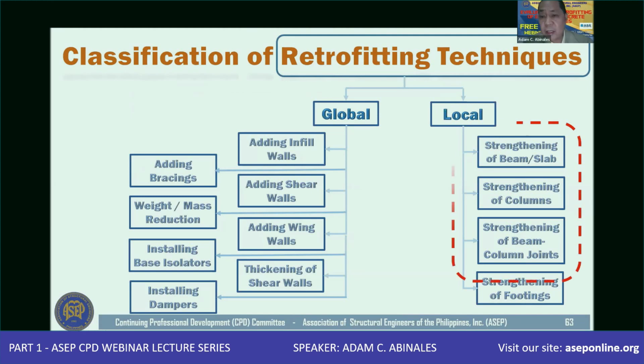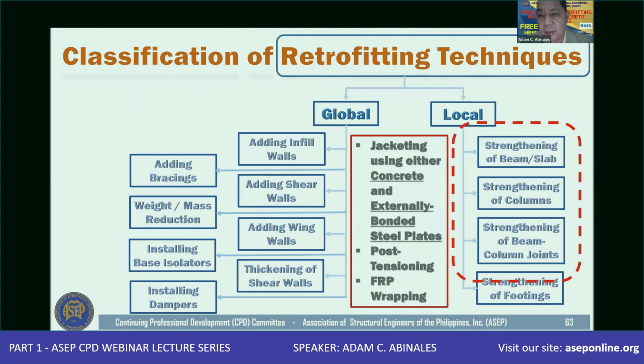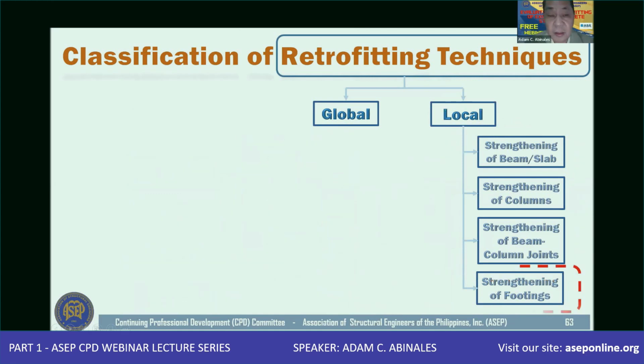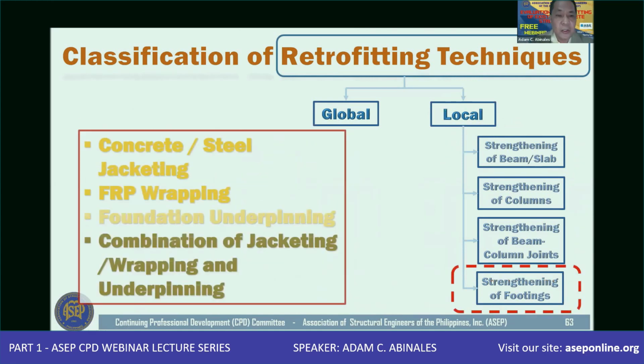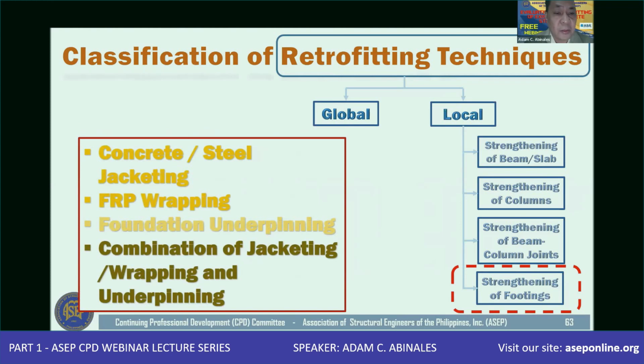Okay, so that is all about those traditional and alternative techniques applied to strengthening of the beams, strengthening of the columns, and strengthening of the joints. Now, what about strengthening the footings? Well, basically, you can do it with either concrete or steel jacketing.